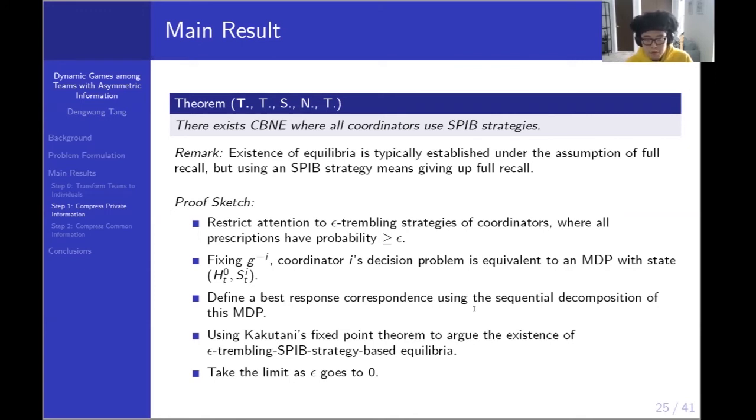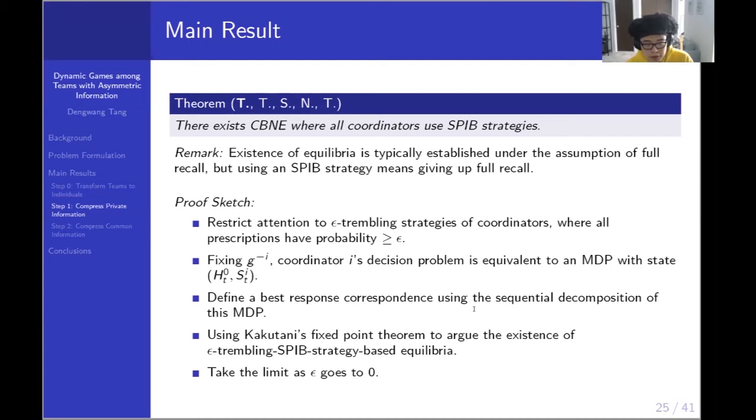Then we show that if we fix all other coordinators' strategies and look at coordinator i's problem, this decision problem can be thought of as a Markov decision process, where the common information and the sufficient private information as a tuple form a state of this MDP.